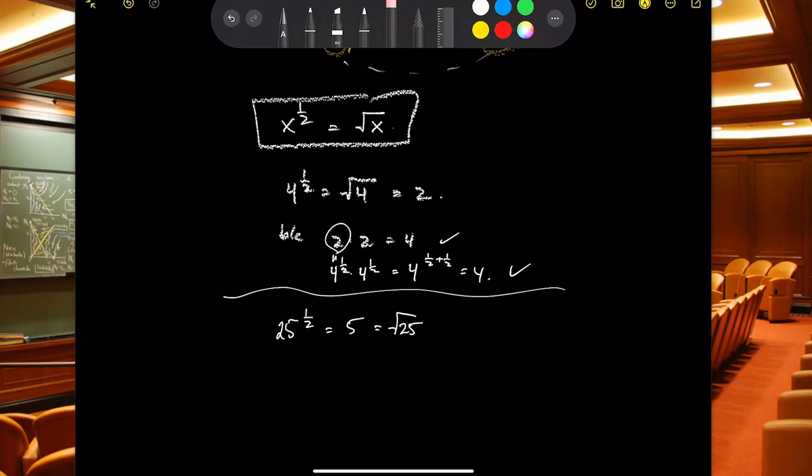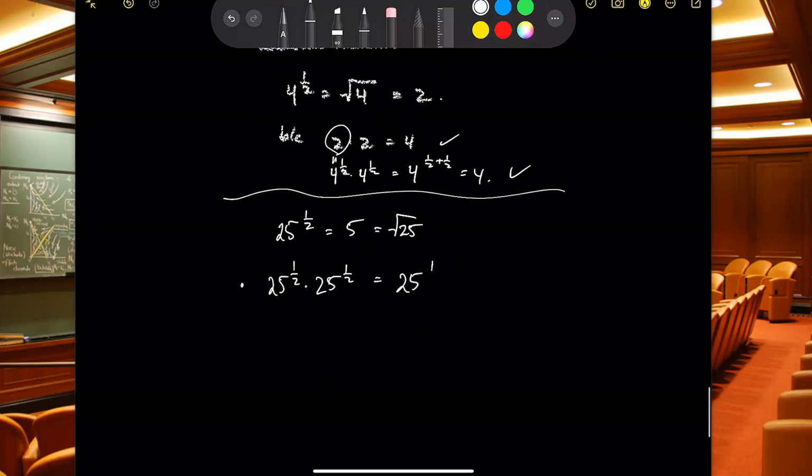All right, so we see that 25 to the 1/2 times 25 to the 1/2 equals 25 to the 1st power. So it must be the case that this is 5, because 5 times 5 gets you 25.